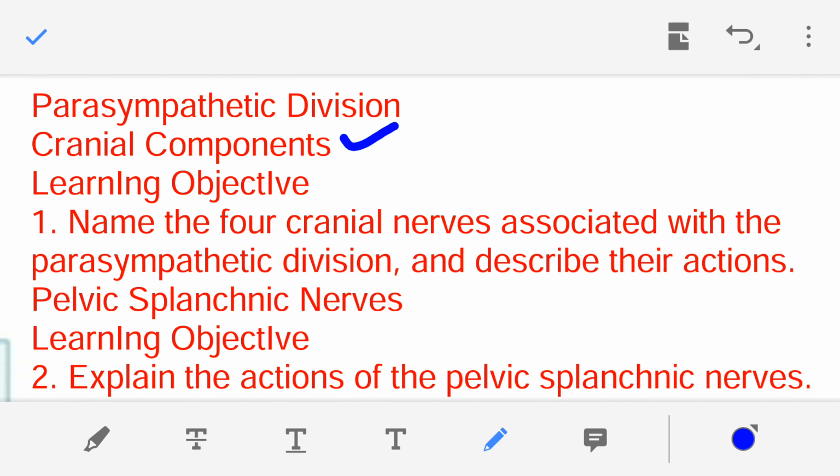In this we will discuss how the parasympathetic fibers combine with the cranial nerve, how these cranial nerves travel along and reach the various organs, and what function these cranial nerves perform. That part we are going to discuss initially.